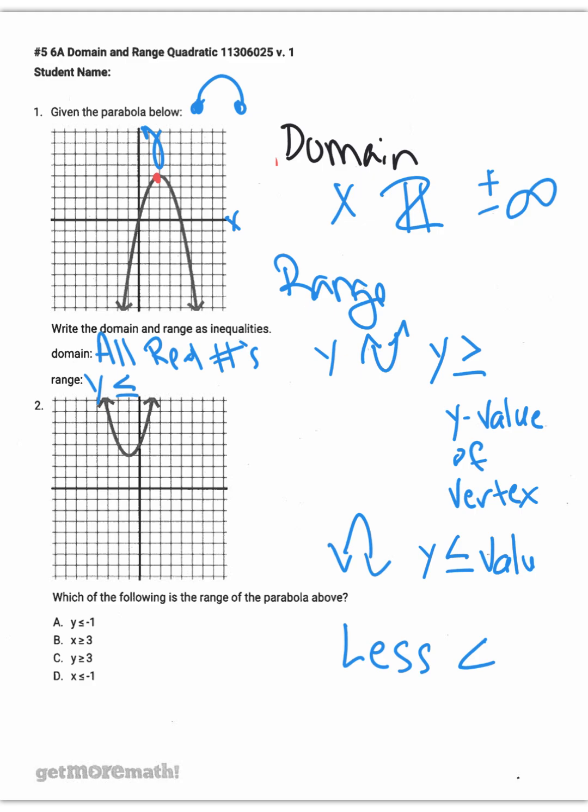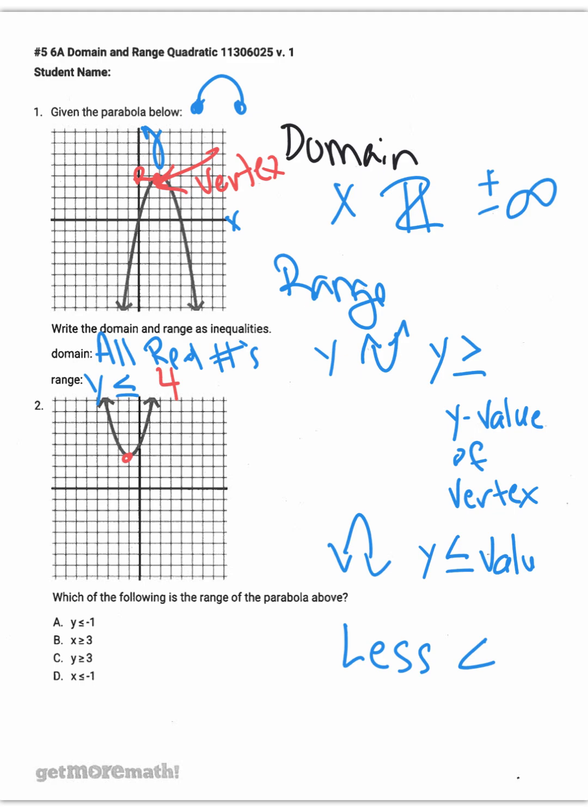The vertex is the top or bottom of the parabola. That's probably a new vocabulary word. So you just take the top of the parabola and go to where on your y-axis? Are you at 4 or 5? 4. So make sure you go somewhere before you start counting.